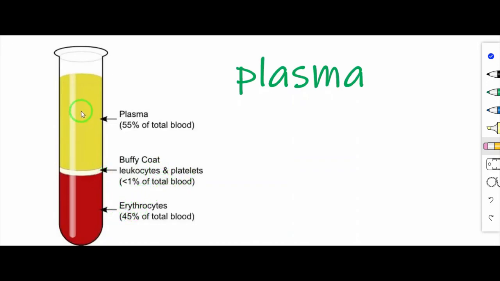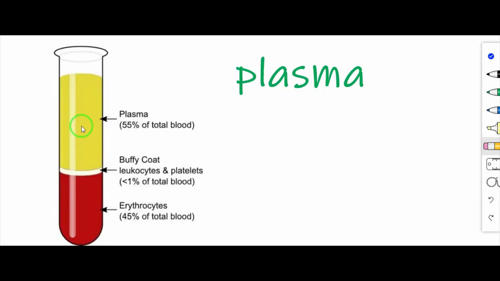Okay, now we can see about plasma. Plasma is slightly alkaline in nature and it contains non-cellular substances. This plasma constitutes about 55% of total blood. Organic substances like proteins, glucose, urea, enzymes, hormones, vitamins and minerals are present in the plasma.